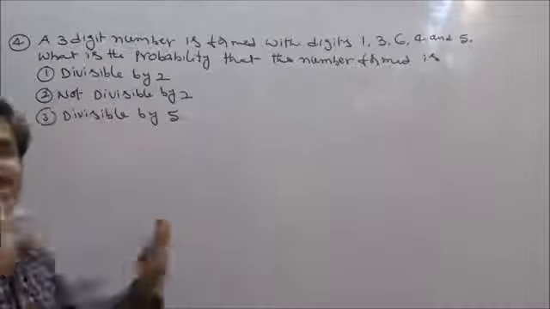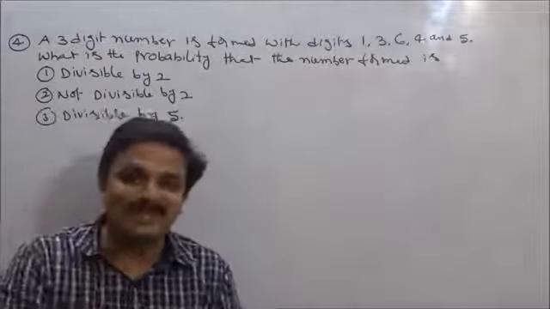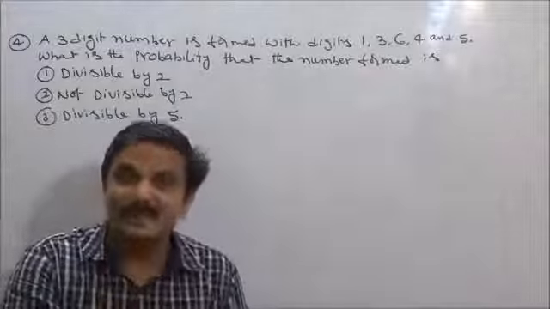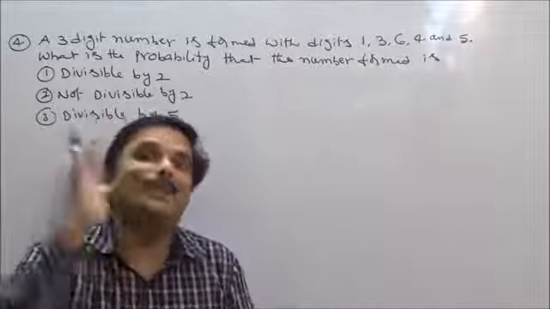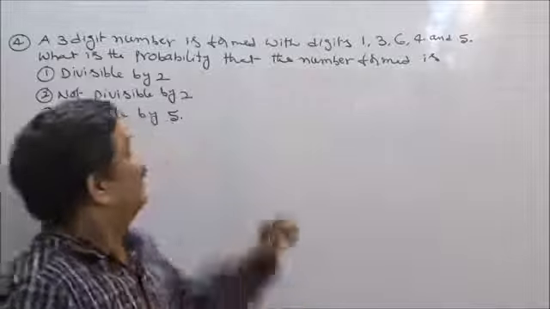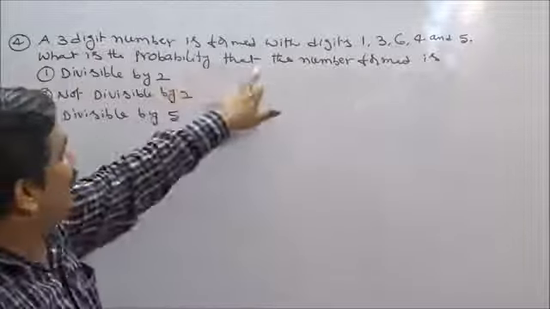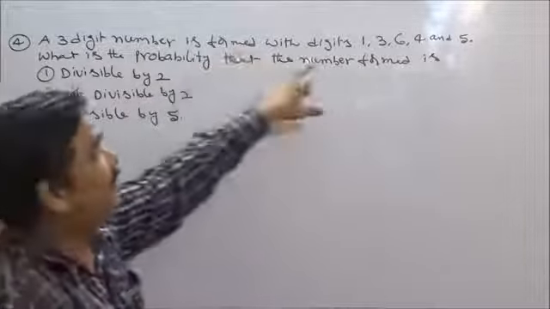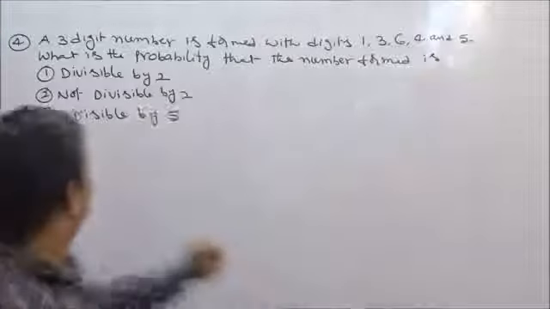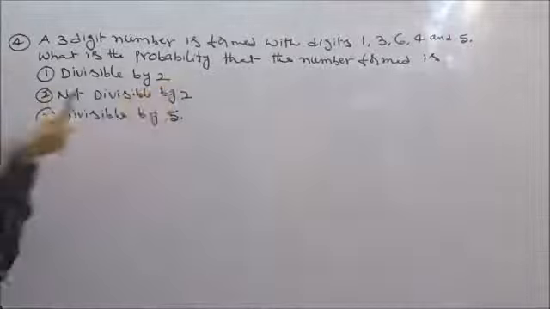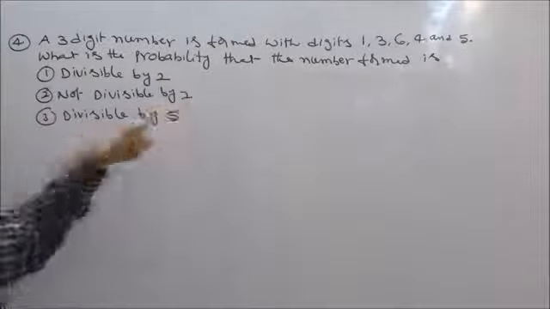Three different questions are there. Here I have to use the concept of arrangement or permutation. The 3-digit number is formed from these 5 numbers.